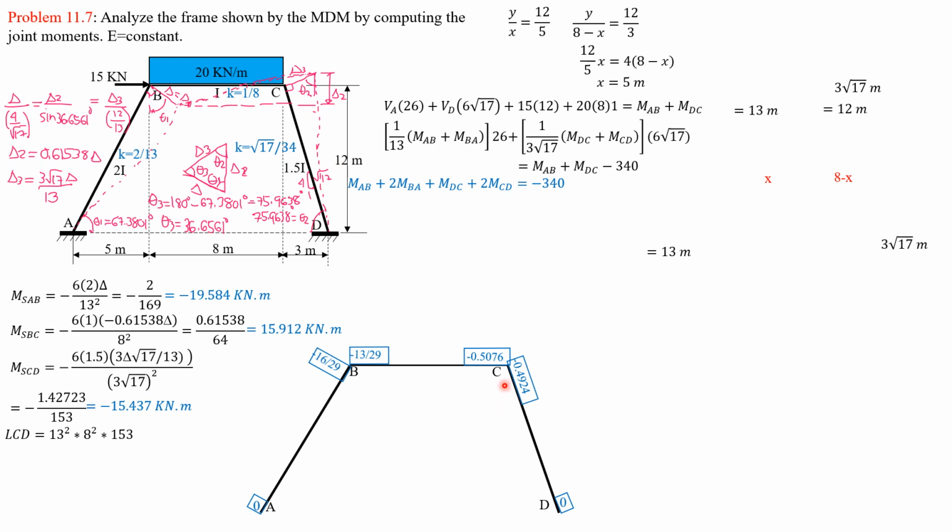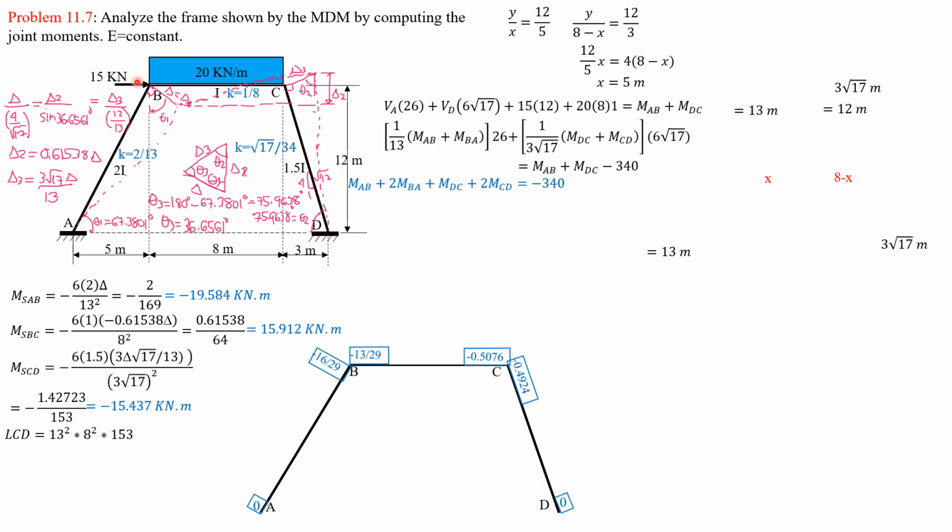Distribution factor CB is 1 over 8 divided by 1 over 8 plus square root of 17 over 34 expressed in decimal and negative, so negative 0.5076. Therefore, this is 1 minus 0.5076 and made negative, negative 0.4924. The distribution factor of D, because it is fixed, is also 0.